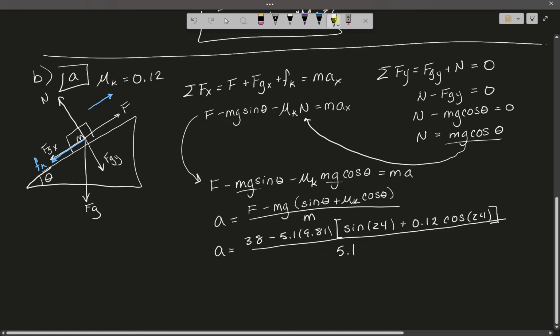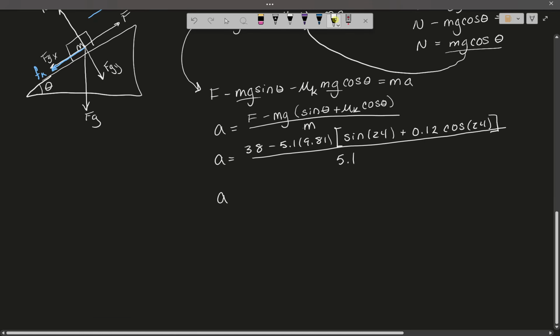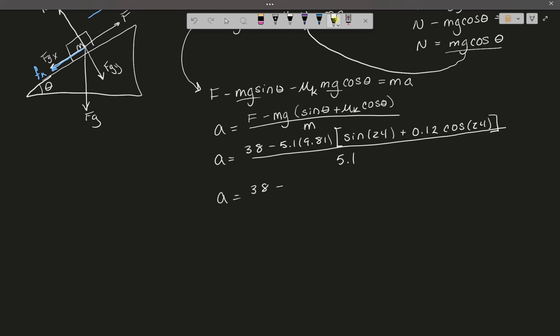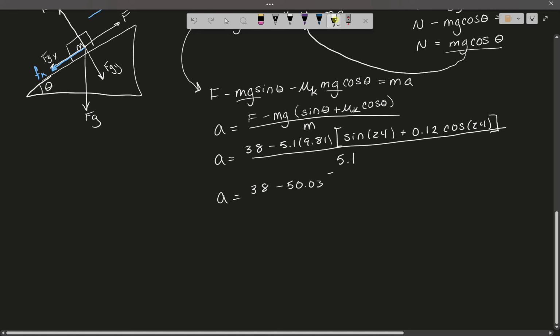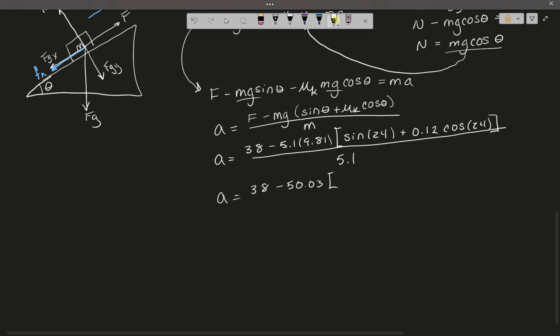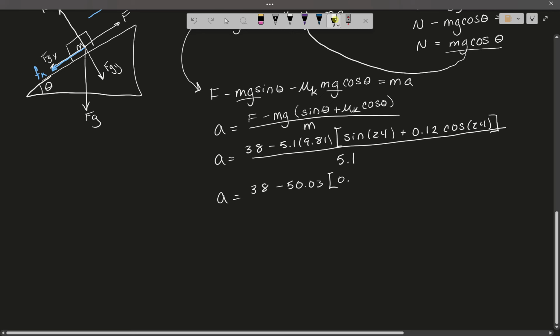I'm not going to punch this all in the calculator at one time because I know that I am more likely to make a mistake if I try to plug everything in at once. So the 5.1 times the 9.81 becomes 50.03 times sine of 24 plus 0.12 cosine of 24 is 0.516.